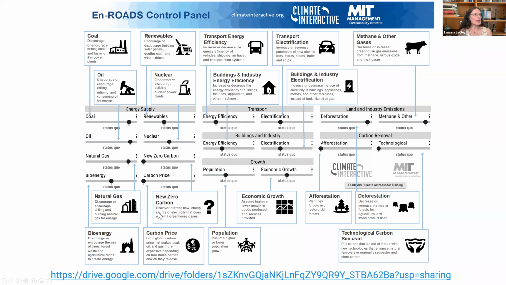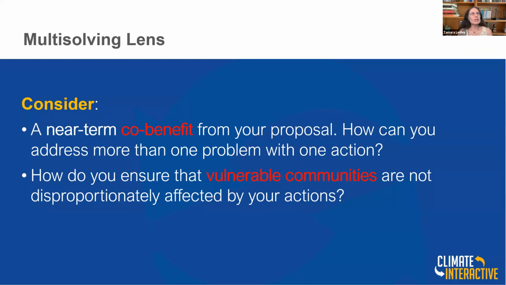New zero carbon, as I mentioned, is discovering a brand new cheap source of electricity that does not emit greenhouse gases. Or the technological carbon removal, pulling carbon dioxide out of the air with new technologies that enhance natural removals. So I want you to start to think about, in addition to this, and this is where you can bring to your students the social aspects of climate change and not just the science aspects of climate change.